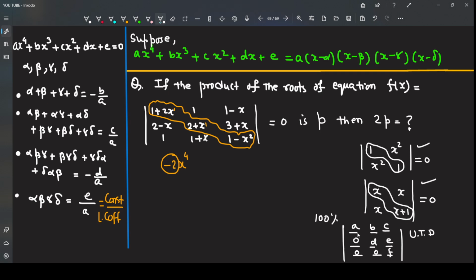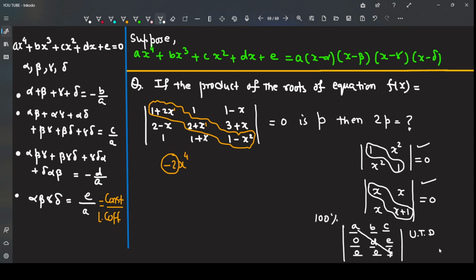So you have the guarantee this product must give the degree of the corresponding polynomial equation. If it is a lower triangular determinant also, you will get the same thing.